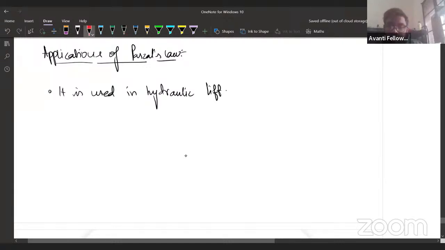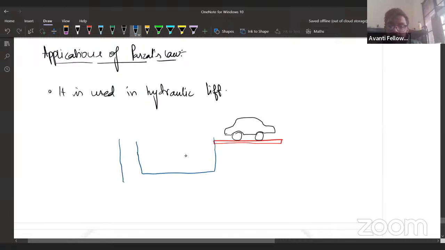For example, this is the platform where the car is being kept. Let me draw a car real quick. Okay, this is a car. Now, what they do is they connect this on the other side, like this. This area is, let's say, A1, and this area is, let's say, A2, right?